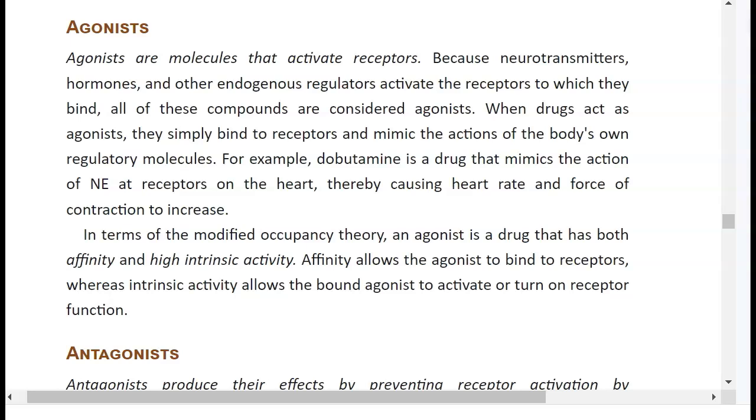So now we have high affinity, and it turns on the right way and strongly activates what the body was already set up to do. That is an agonist because it has high affinity and high intrinsic activity.